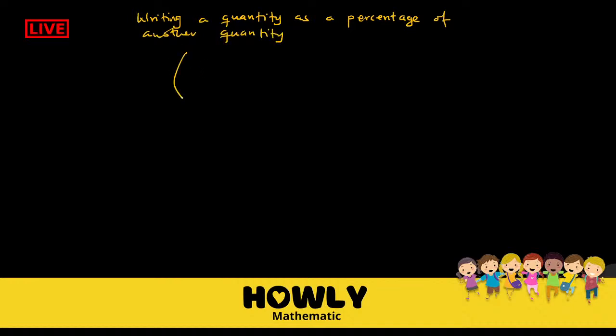Well, this one is basically the first quantity. You can write this divided by the second quantity, multiplied by 100.